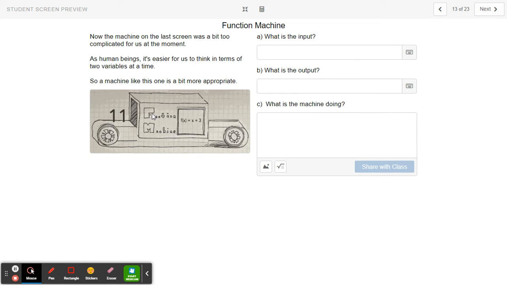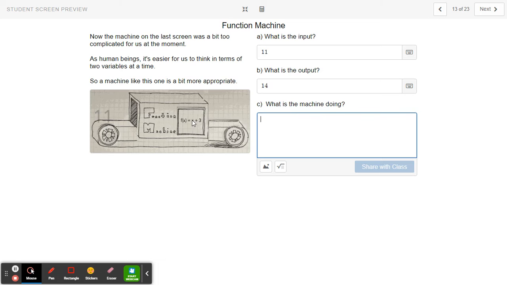Here's another example where I have my function machine. Okay. So again, the first machine that we talked about was a little bit more complicated. And here, if we look, what's my input? I have a number. So the input is 11. The output is 14. So what's the machine doing?